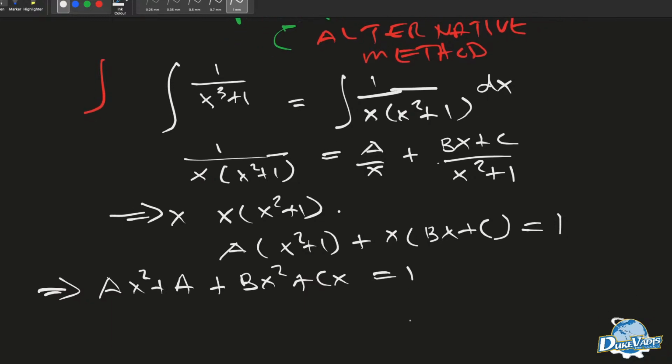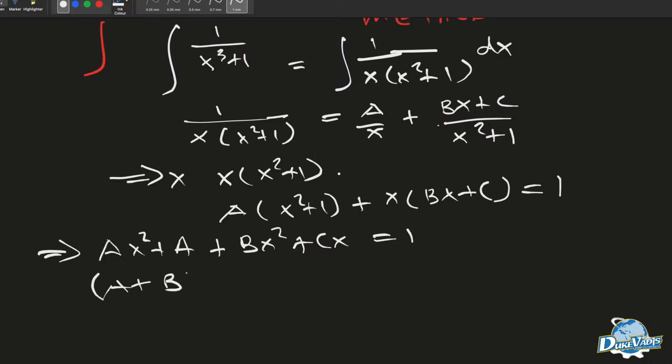When we put the like terms together, we have (A plus B) times x squared plus Cx, plus A, equal to 1.